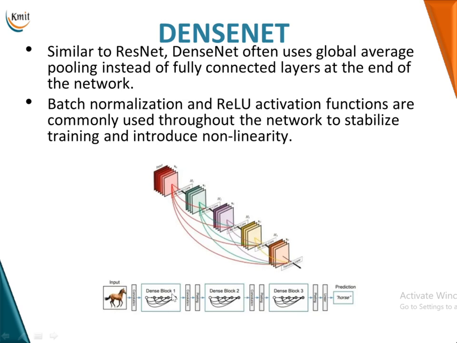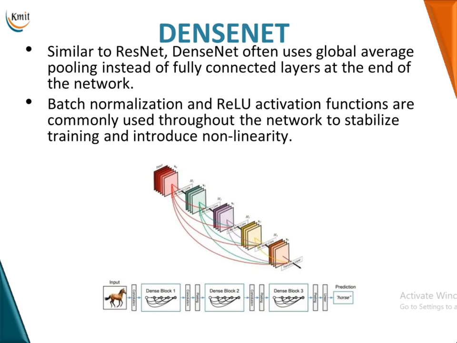Given an input, there are various dense blocks which are used. Inside them there are several layers of convolution, but each of these blocks is also connected to the others through these transition layers, which are nothing but a 1 by 1 convolution layer and an average pooling layer, and at the end you are going to predict. And as I told you, it is going to use an average pooling layer in place of a dense network.